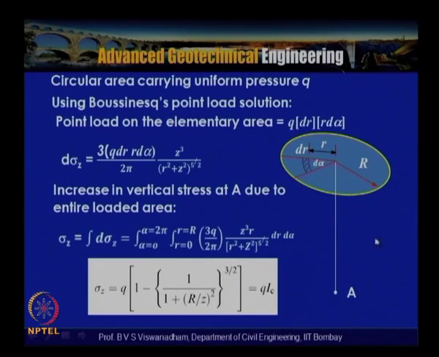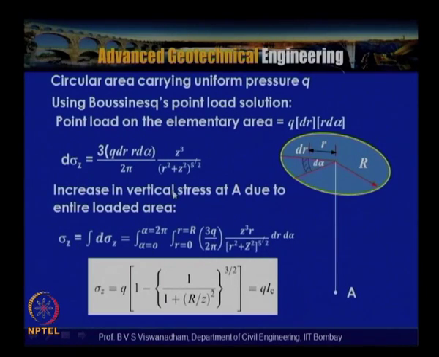So we need to do the double integration: sigma z is equal to the integral of d sigma z, integral of alpha from 0 to 2 pi, integral of r from 0 to r0, and for the small d sigma z we can substitute 3q by 2 pi into z cube into r, by (r square plus z square) to the power 5 by 2, into dr d alpha.